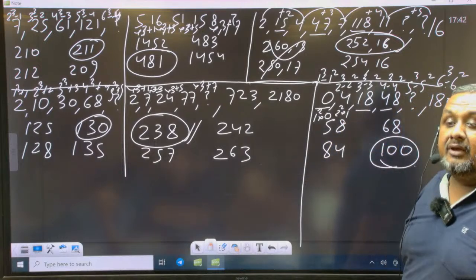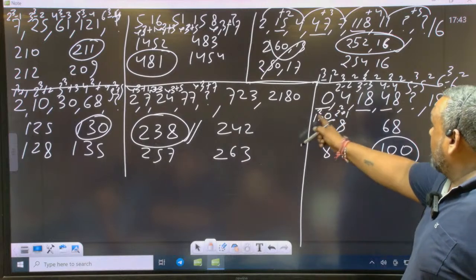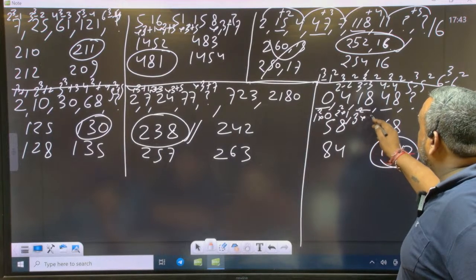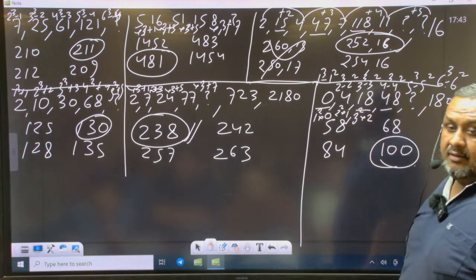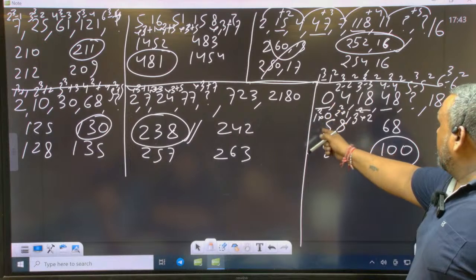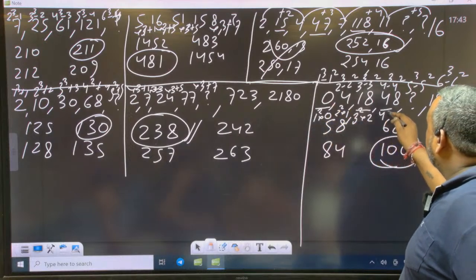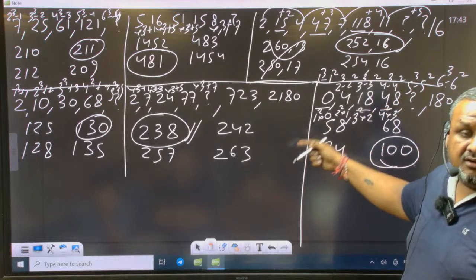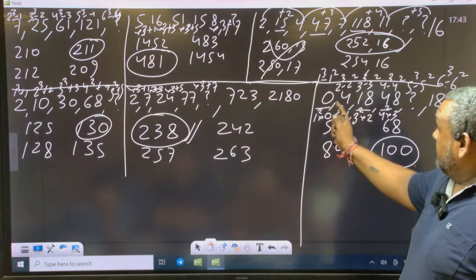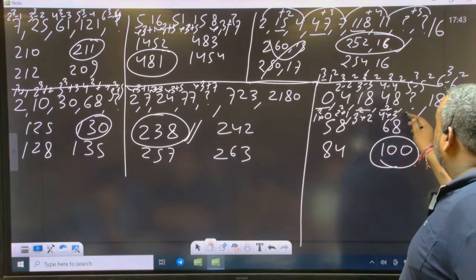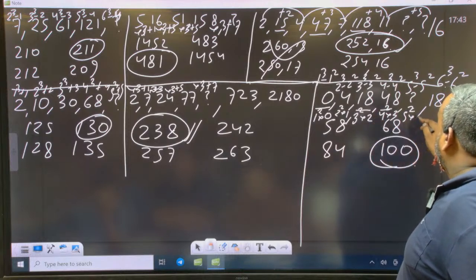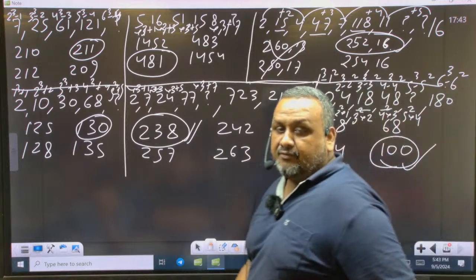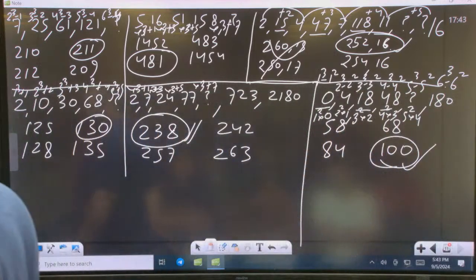Now the result will be 4. 3 square into 2, 9 times 2 is 18. 4 square into 3, 16 times 3 is 48. And to get the answer, 5 square into 4. Answer 100. 25 times 4 is 100.